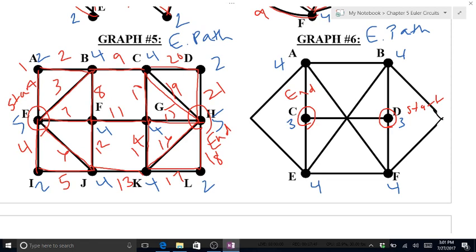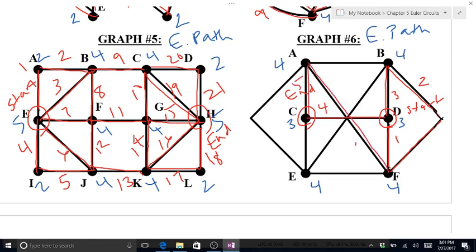Okay, so we leave D. I'm going to go down to F first, and then I'm going to trace this big old line back to B. Again, that's only one edge. Okay, leave B and go back to D. Leave D and go the whole way across to C. That's 4. Go up to A is 5.